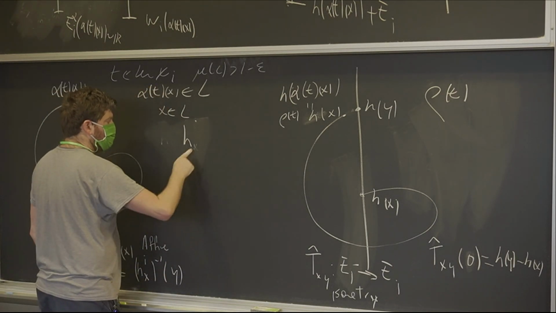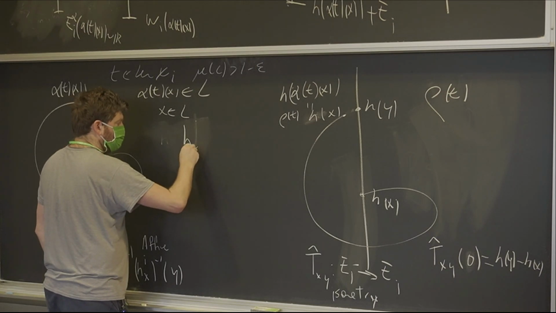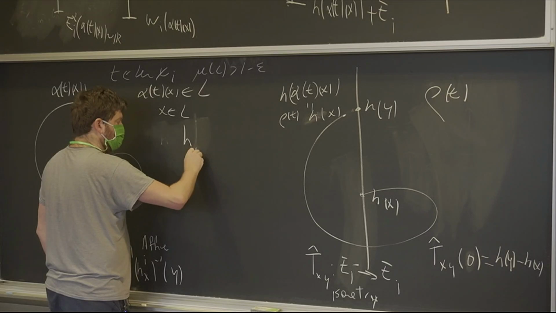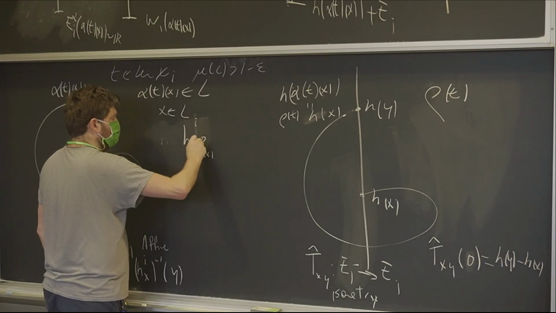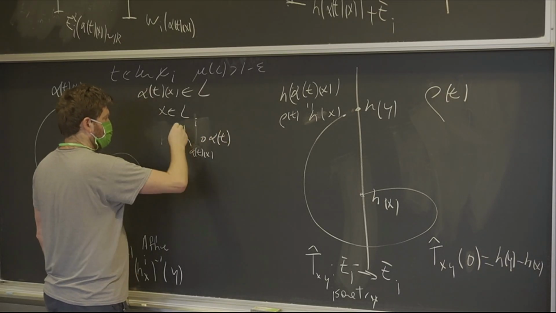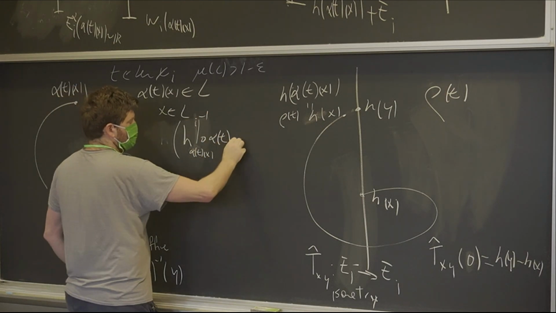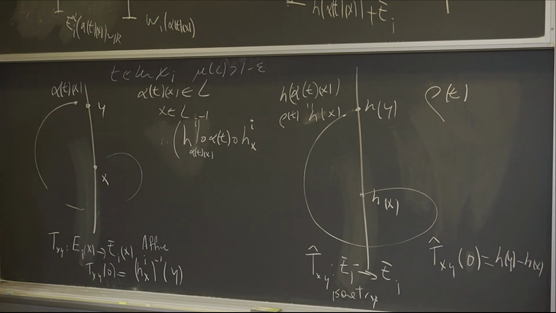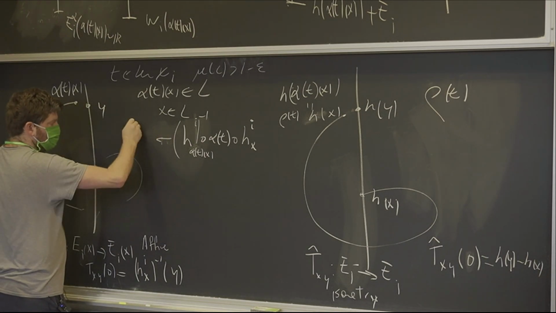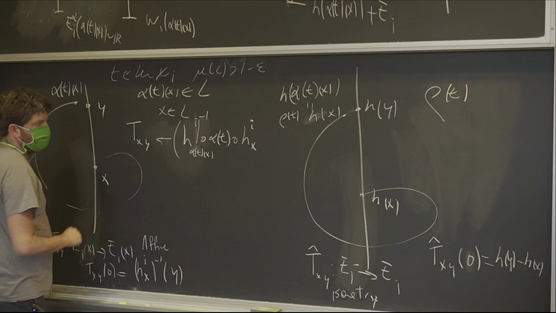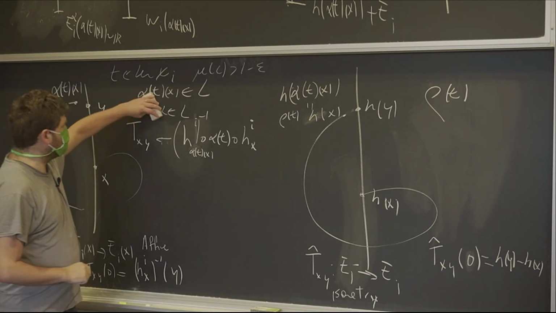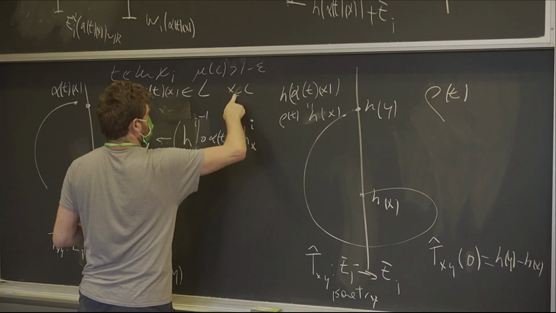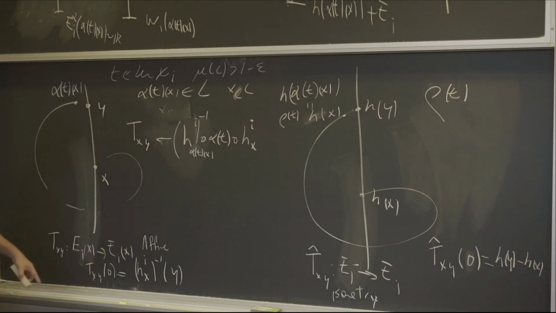So I'm taking h, alpha t of x, I, compose this inverse, compose h_xi. Okay, so this is the guy that is converging to T_xi. That's how I build this guy.